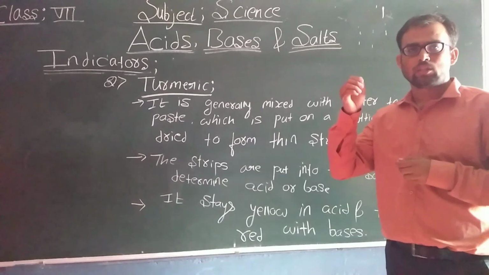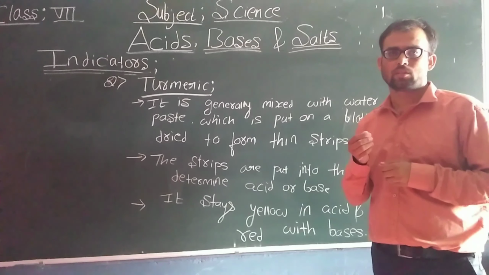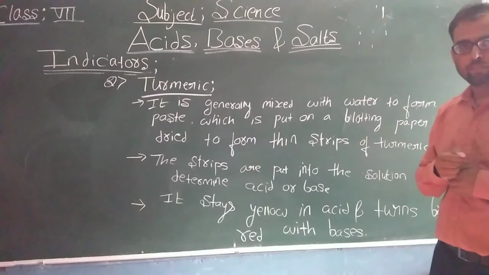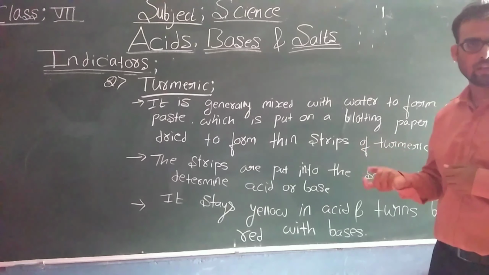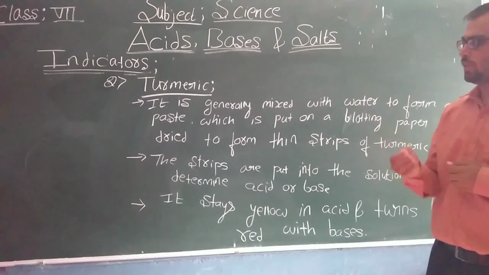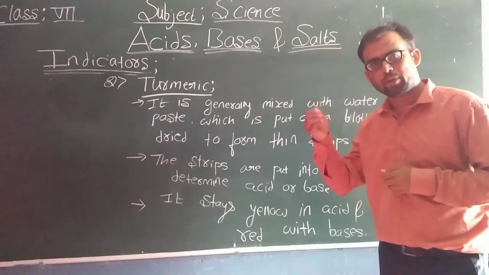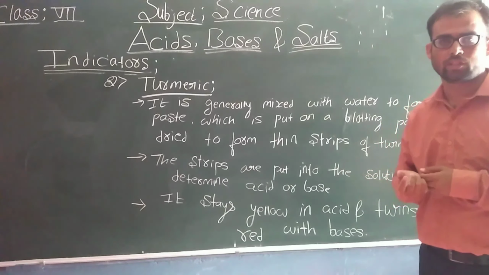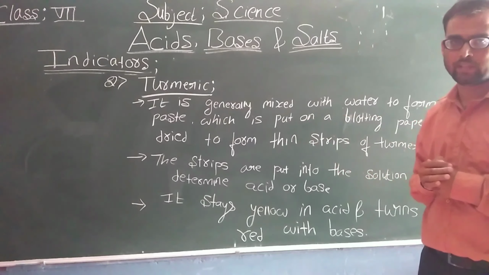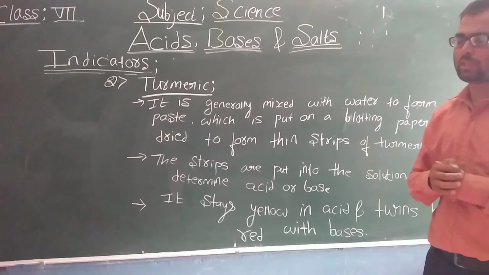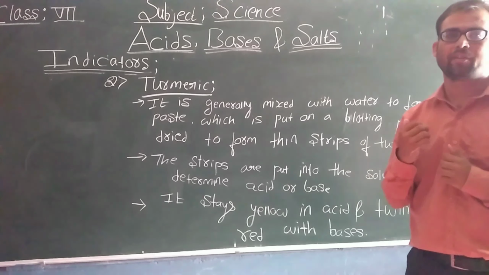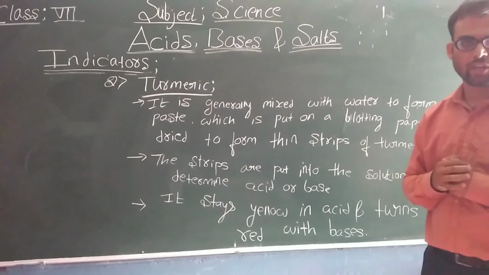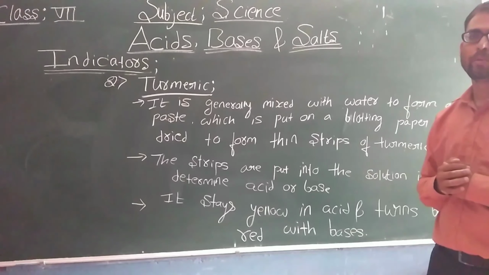If we dip the turmeric paper strip in the substance and the color is not changed, then we can say that the substance is acid. And if the color of the strip changes to bright red, then we can say that the substance contains bases.